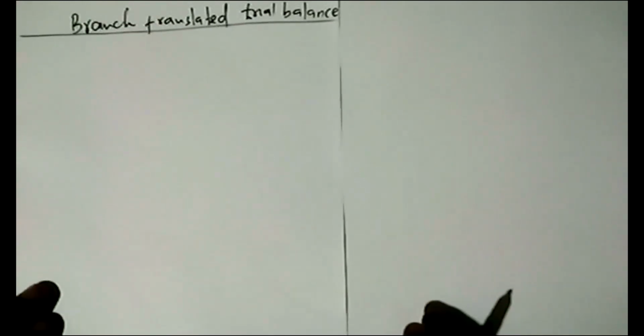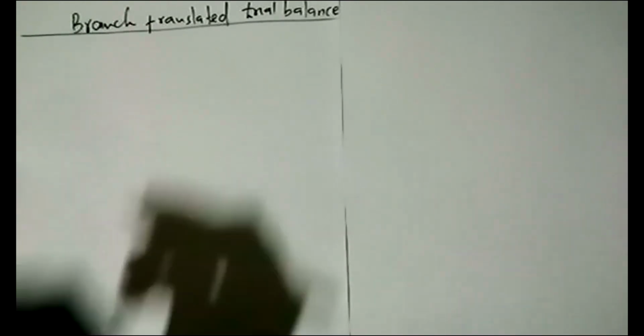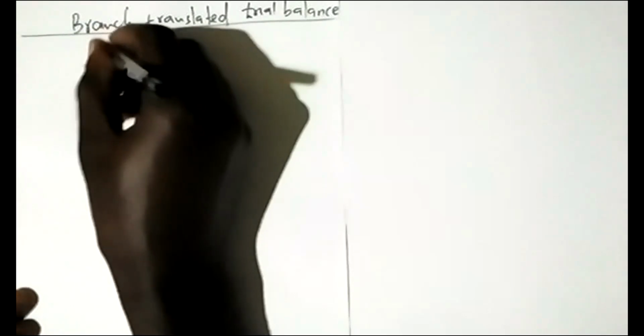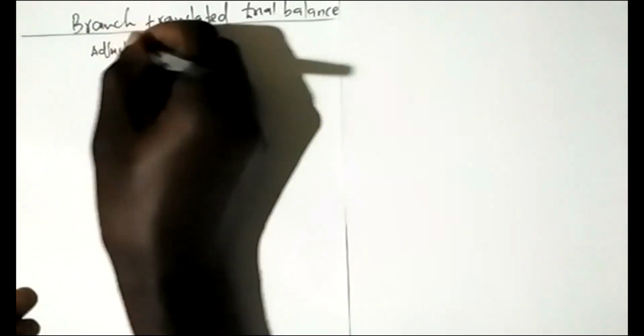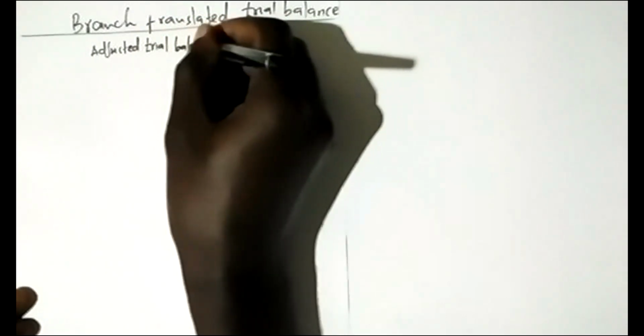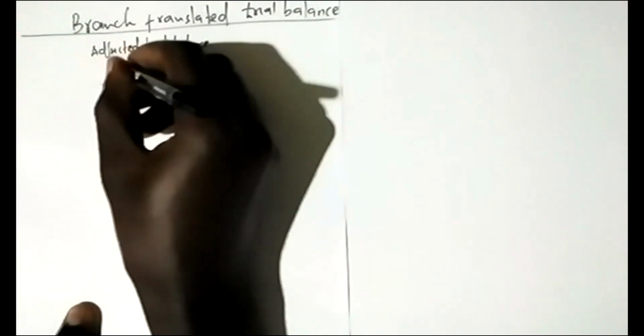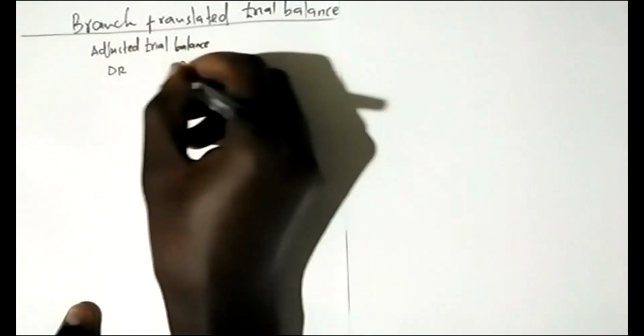But I said before we even translate, we have to adjust that trial balance. So I will have an adjusted trial balance. Remember, in the adjusted trial balance, I will have my debit and I will have my credit here.